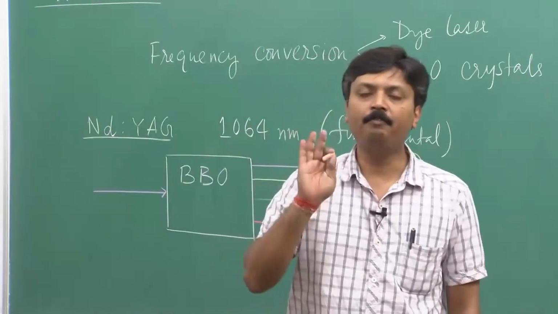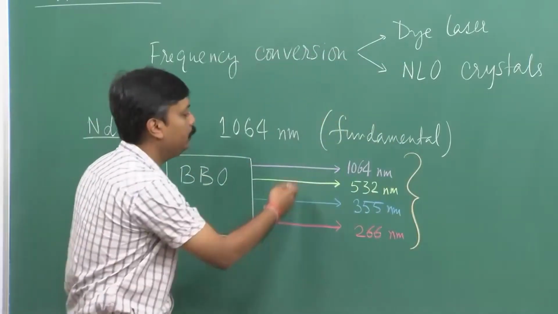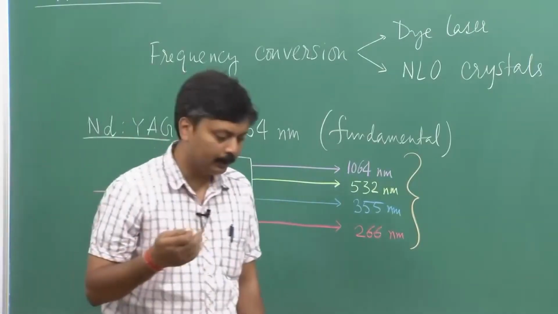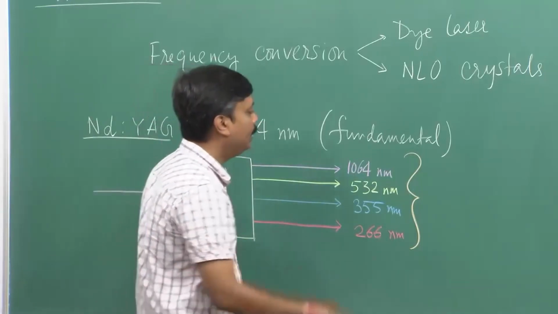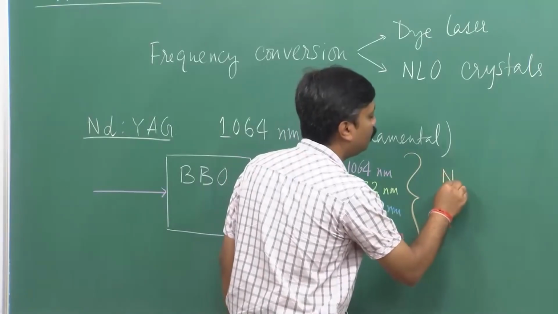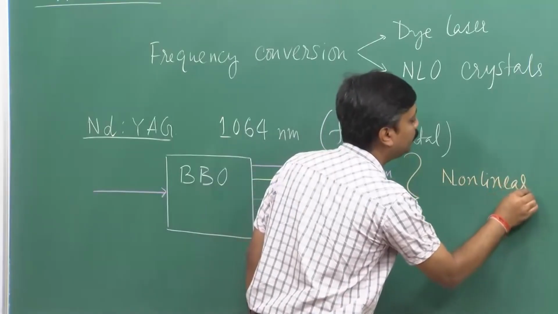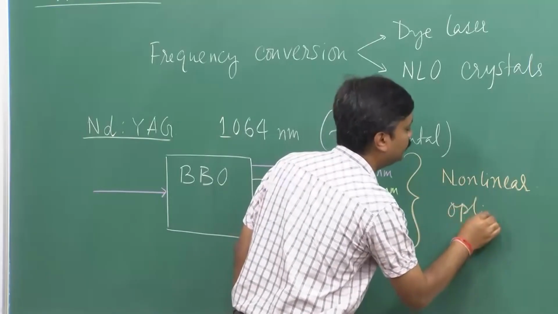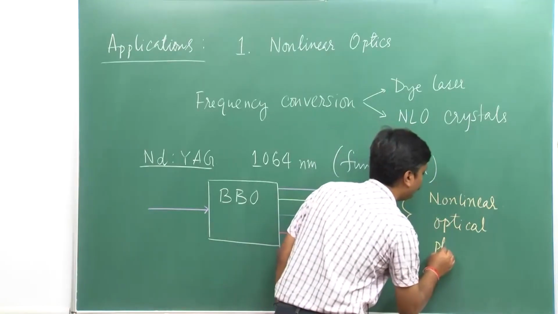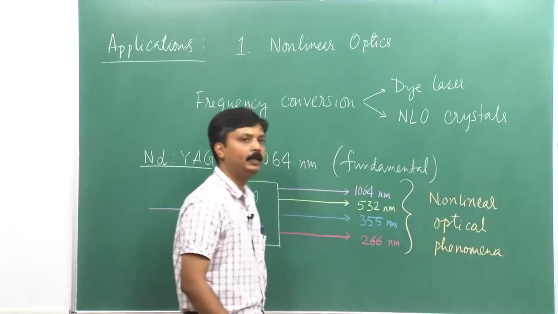There is a very finite relation between the starting wavelength and the wavelength that you obtain when you pass it through some material which we know as nonlinear optical media. This type of frequency conversion is obtained from nonlinear optics, and this phenomenon is known as a nonlinear optical phenomenon.